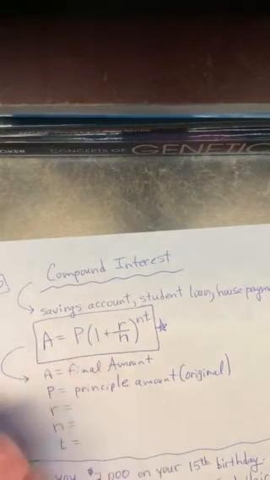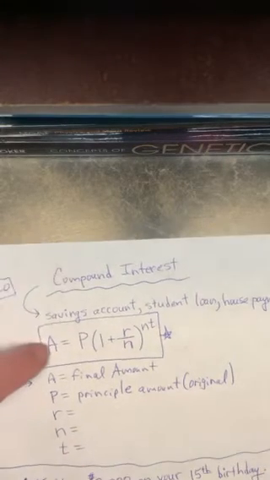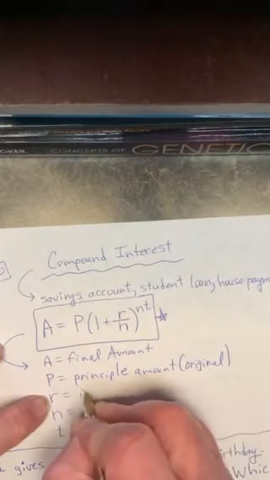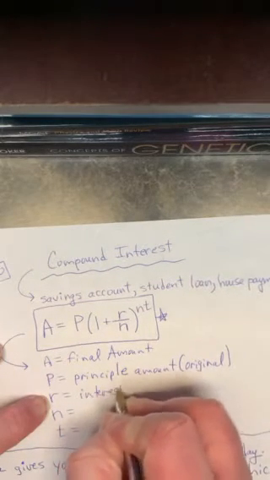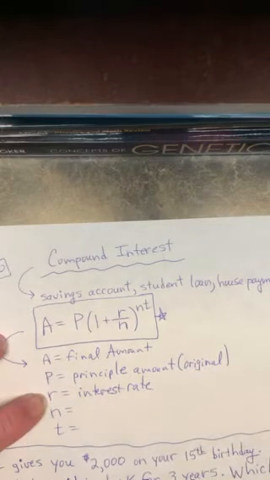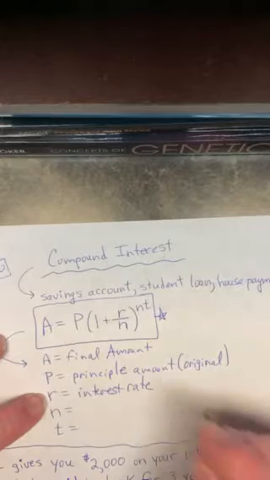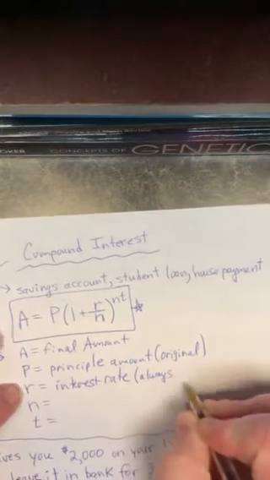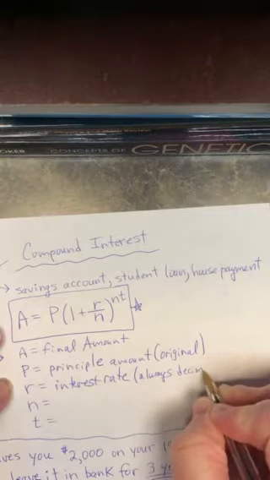The final amount that you're going to have in your savings account after so much time has passed is represented by A. R, of course, is the interest rate that the bank is going to give you for the money you're putting into that savings account. Now, I'm going to make a note here. That interest rate is always written as a decimal in this formula.